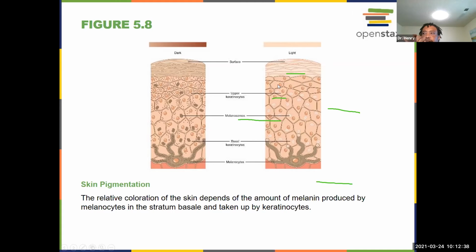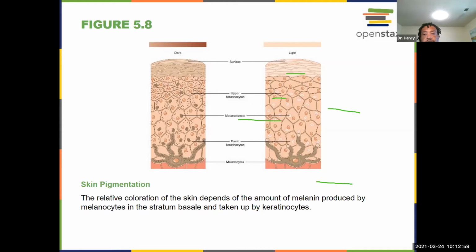And so somebody who has lighter skin is not producing as much melanin, so they're not going to have as much melanin being secreted out as in the case of somebody like me who's dark. Okay. Now, those skins are capable of producing melanin, right?